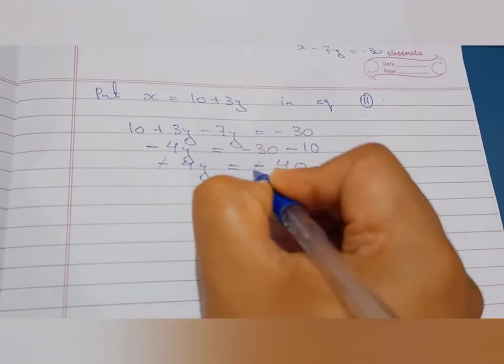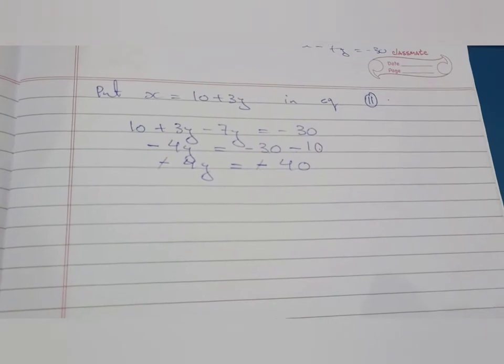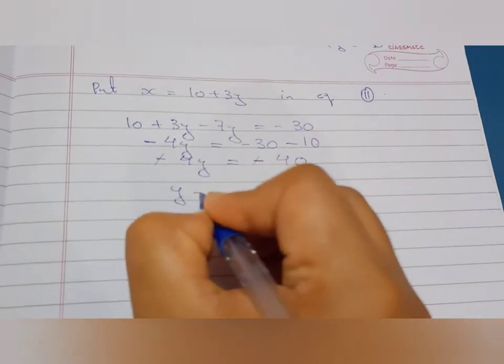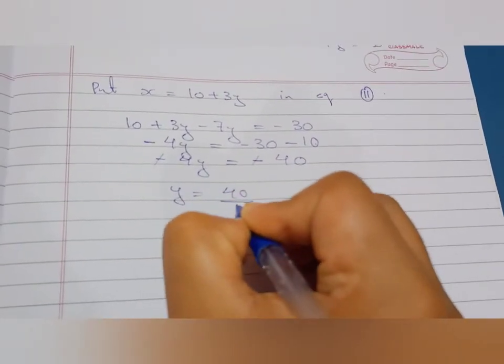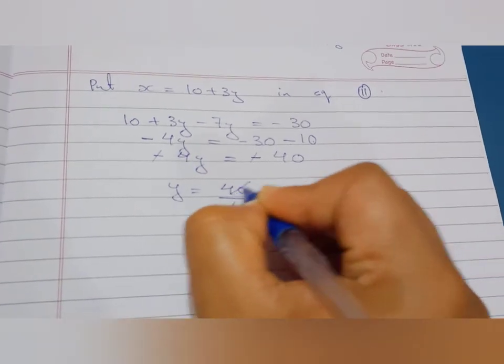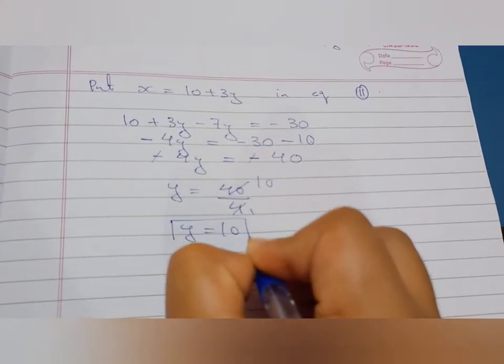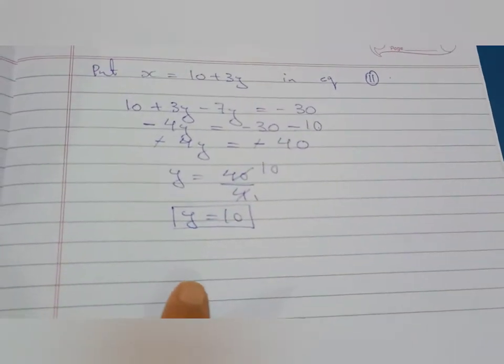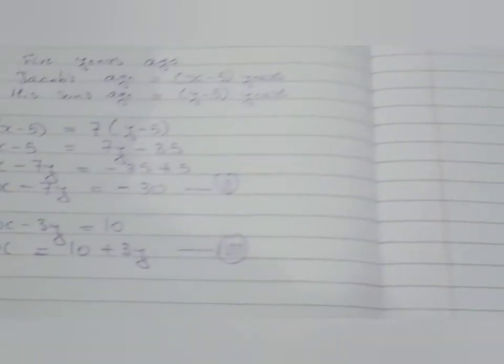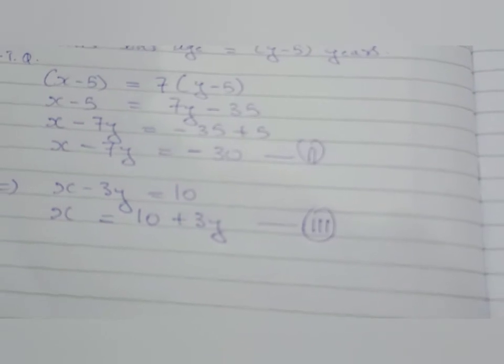Since we have minus sign on both the sides, so minus sign can be cancelled, and we will get y equals to 40 by 4. 4 ones are 4, 4 tens are 40. So the value of y is 10. Now simply we will put the value of y equals to 10 in equation 3, which is x equals to 10 plus 3y.